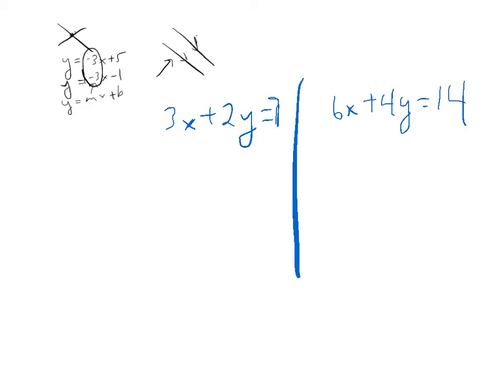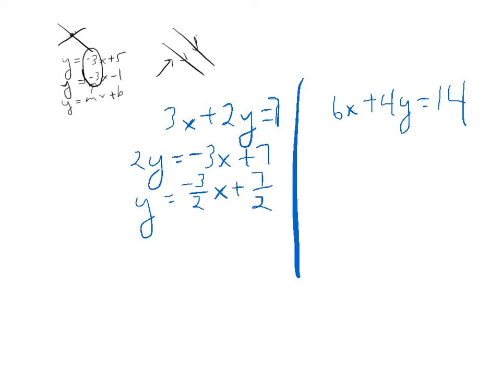All right, well, let's solve for y and see what happens. So I move my 3x over. We get 2y = -3x + 7. And then we divide everything by 2, and we're going to get -3/2 x + 7/2.